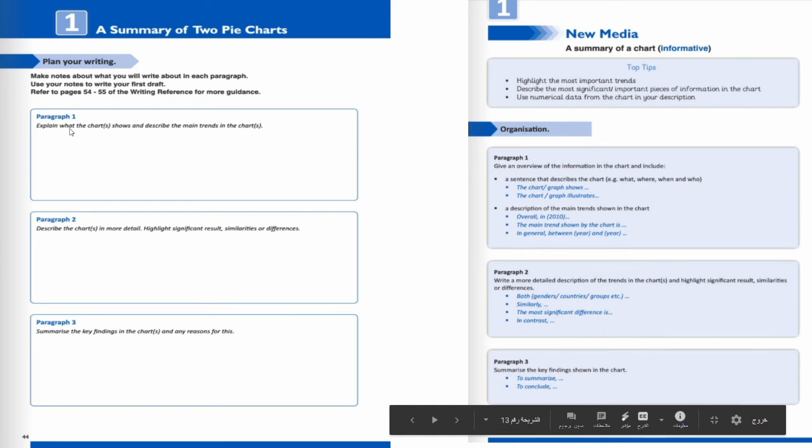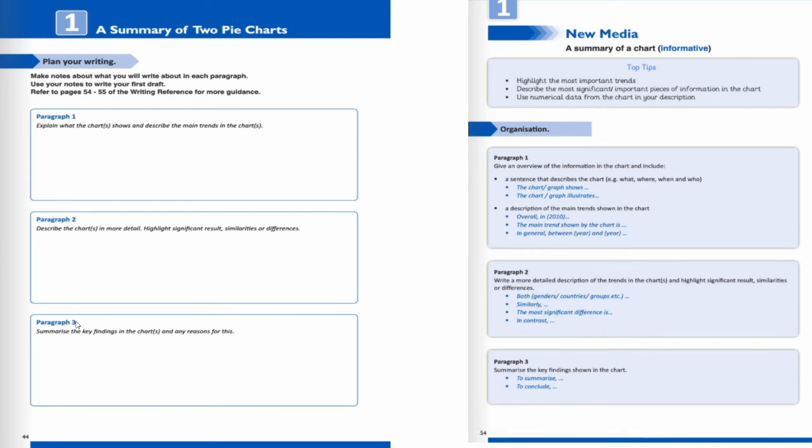You should write 3 paragraphs. Explain what the chart shows and describe the main trends in the chart in paragraph number 1. That is sentences 1, 2, and 3 as we have seen previously in the summary.